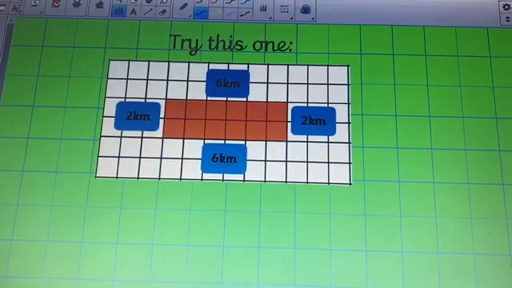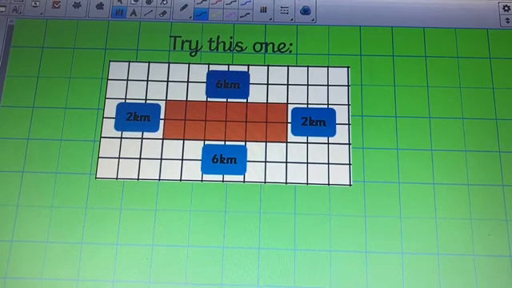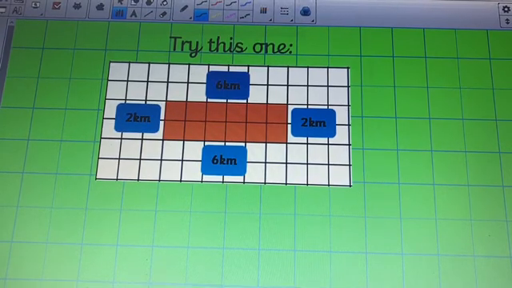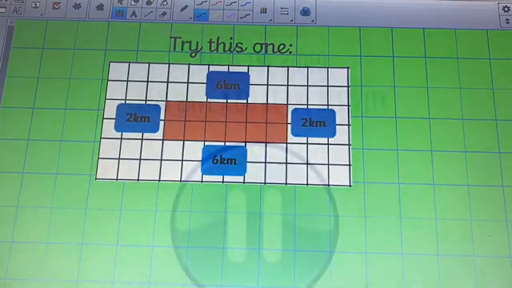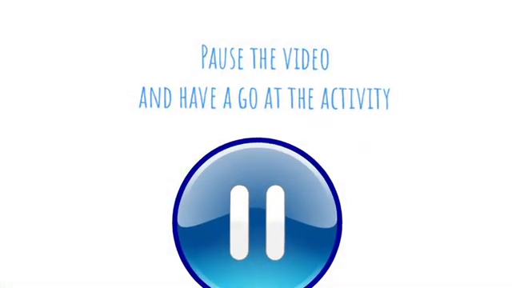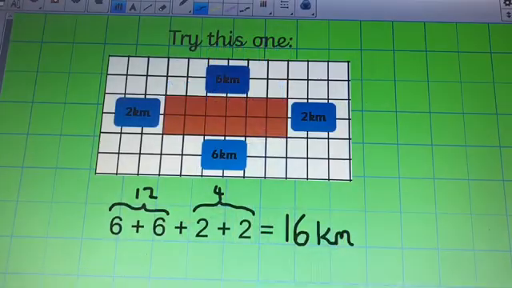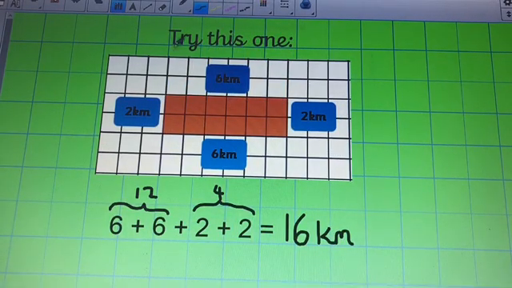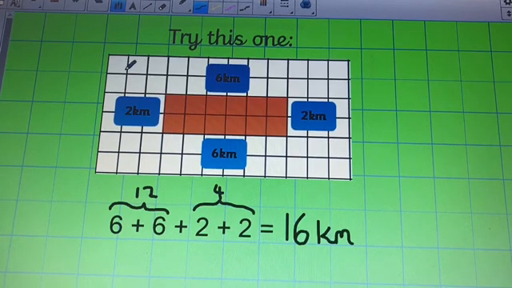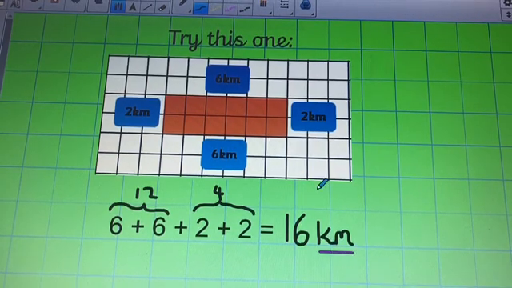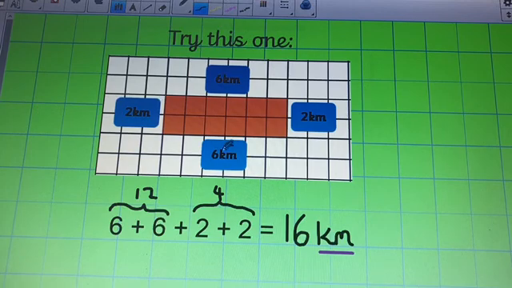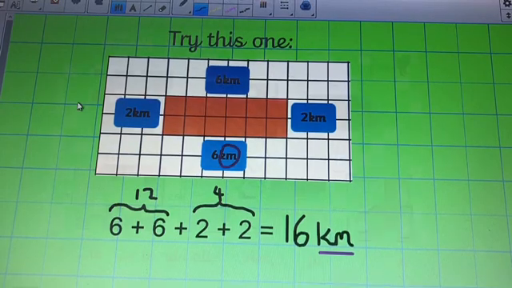Okay, now for this shape we've got sides of 6 and 2. Can you write down the perimeter of this shape? Okay, so 6 add 6 gives us 12, 2 add 2 gives us 4, which together makes 16. And you should have put km for kilometres because the sides here are measured in kilometres.